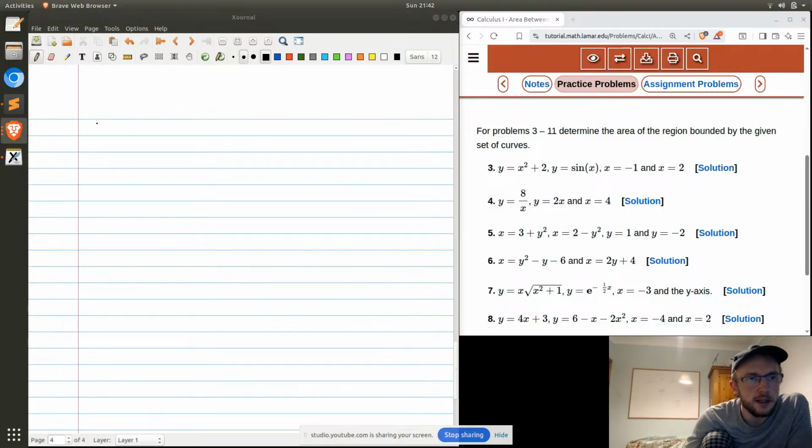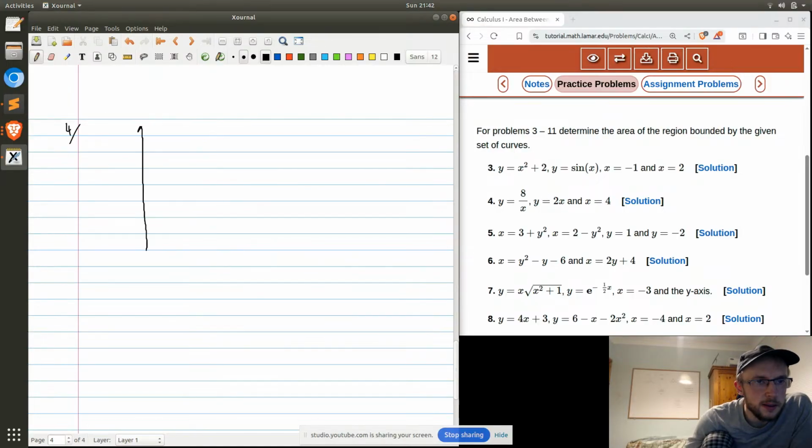Next up is this one with a reciprocal function and a linear function. But what does that look like? Y equals 8 over x will look like this.